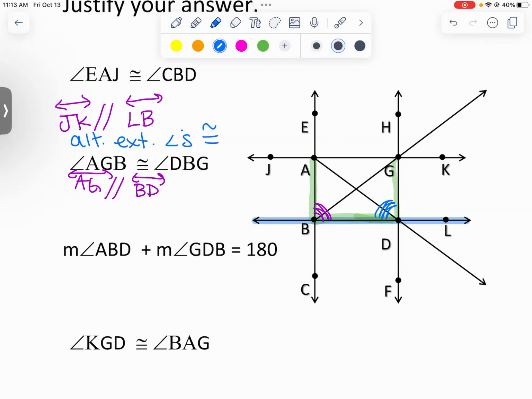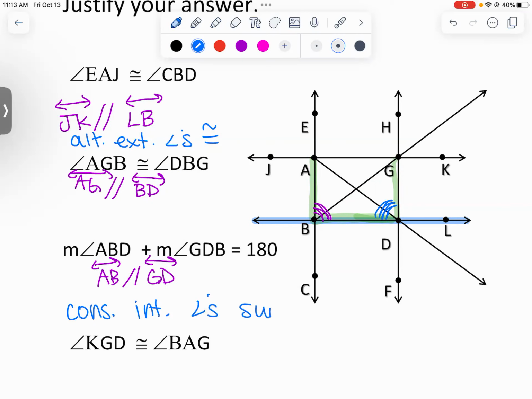Alex, which two lines have to be parallel? AB and GD are parallel, and our reasoning would be that we have a pair of consecutive interior angles that are supplementary. Oh no, I didn't write a reasoning for number 2.